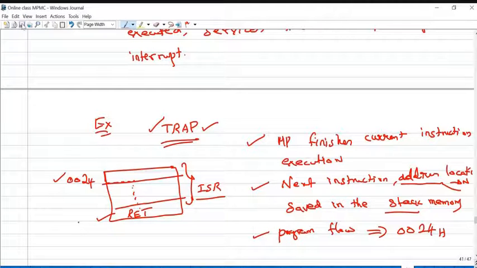So understand clearly. Whenever an interrupt occurs, the processor completes the current instruction execution first, and the next immediate instruction address location must be saved in the stack memory. Then the program flow is transferred to the particular address location.